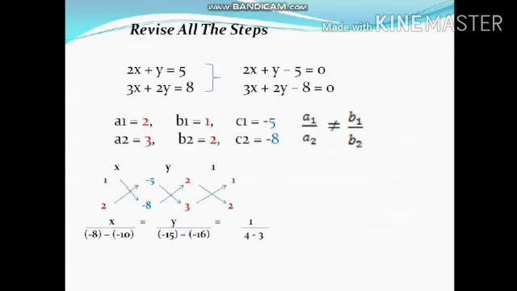And we will get x upon minus 8 minus within bracket minus 10 equals to y upon minus 15 minus within bracket minus 16 equal 1 upon 4 minus 3. And x upon minus 8 plus 10 equal y upon minus 15 plus 16 equal 1 upon 1. After subtraction, we will get x upon 2 equal y upon 1 equal 1 upon 1.